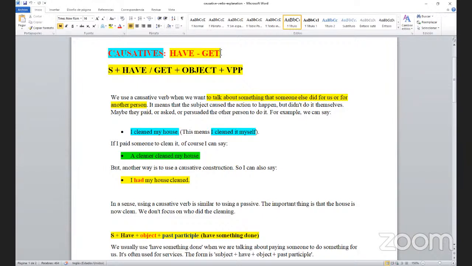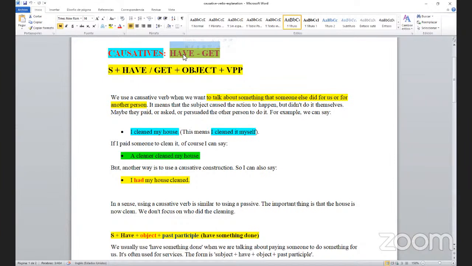But when we use these causatives, we use these two verbs to explain that some action or event was done by somebody else. This action wasn't made by you.